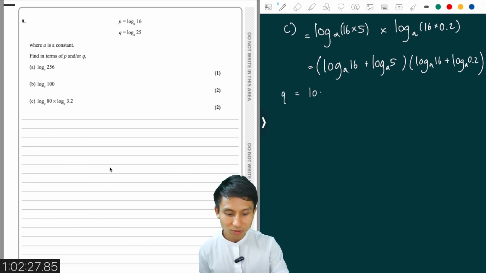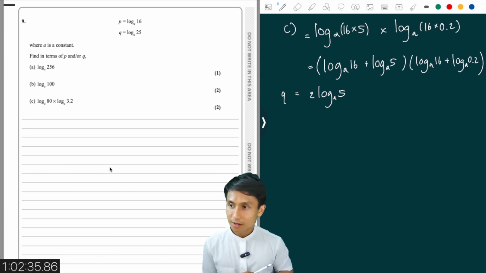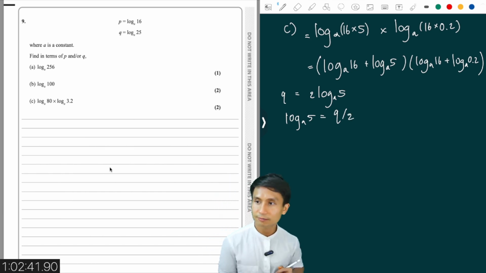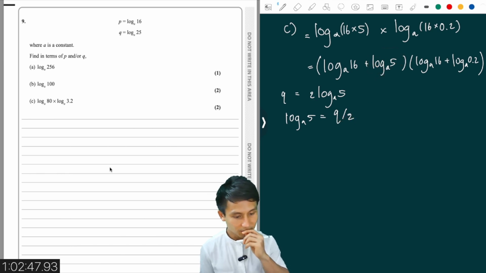Log base A of 25 is the same as 2 log base A of 5 if you use a log property again. So that means log base A of 5 is just Q over 2, right? So anywhere we see log base A of 5, we can just put Q over 2 in there, right?